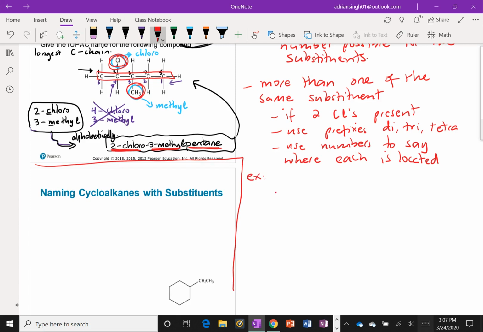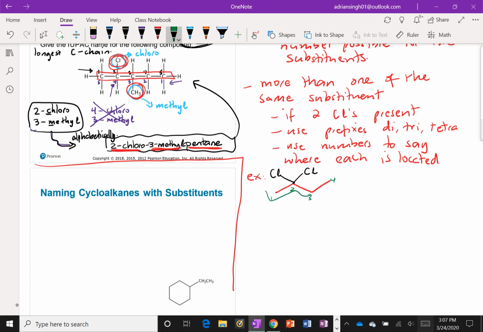Let's say we had 1, 2, 3, 4, and then we had maybe 2 chlorines, like so. All right, so the first step is to figure out what the longest continuous carbon chain is. And in this case, 1, 2, 3, 4 is our longest.